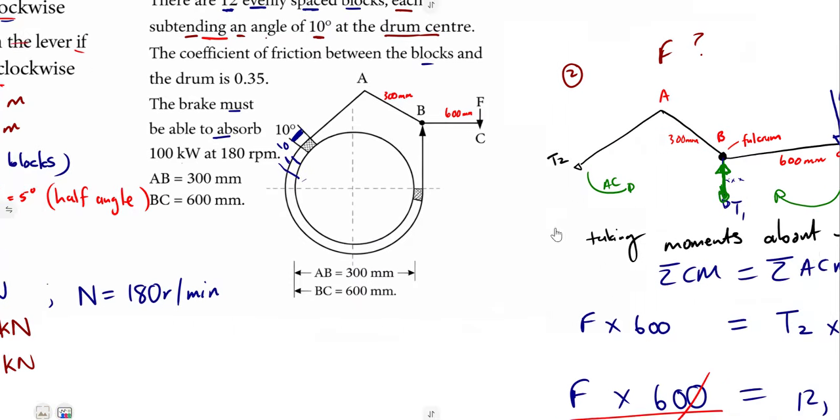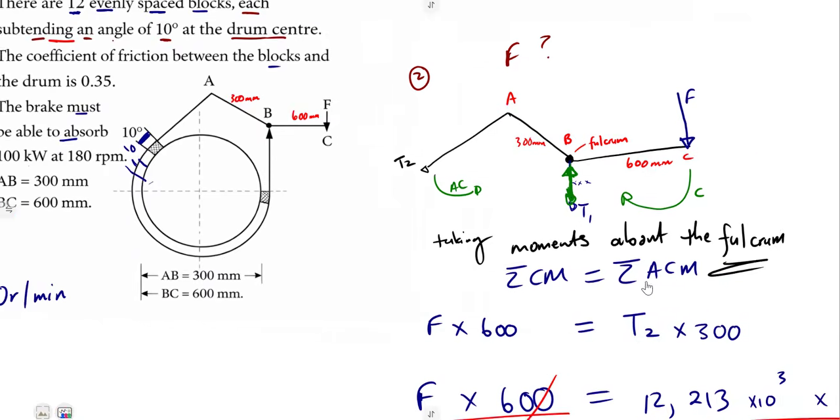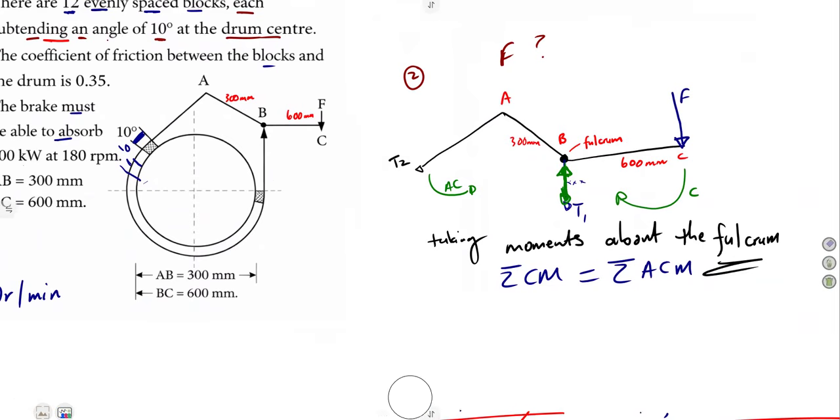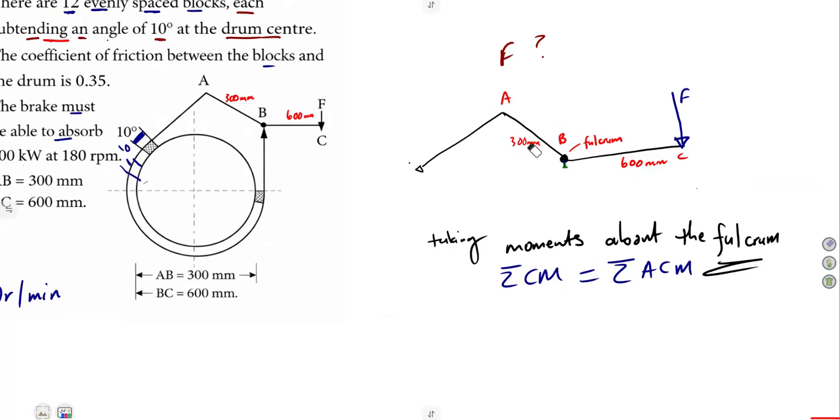So our T1 and T2, the way that we used before, is also going to change, because now the drum is going anti-clockwise. We are moving in this direction, the opposite of the clock.